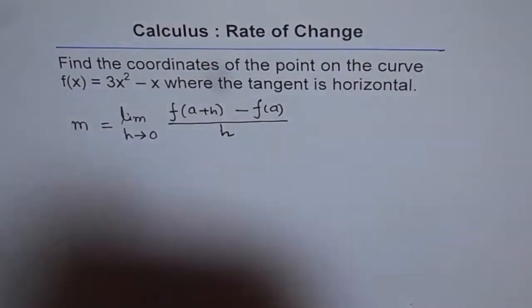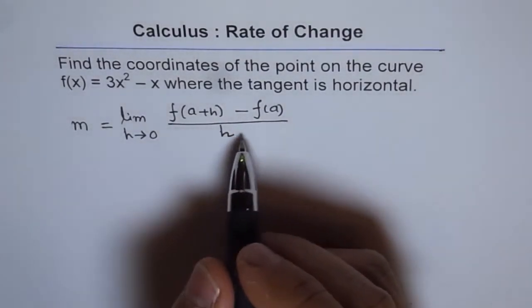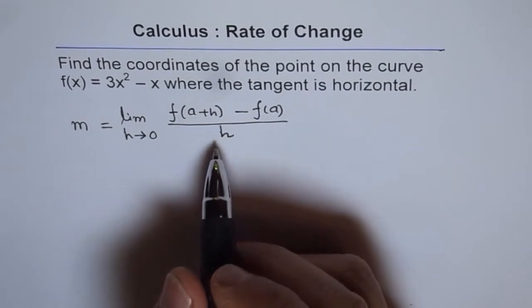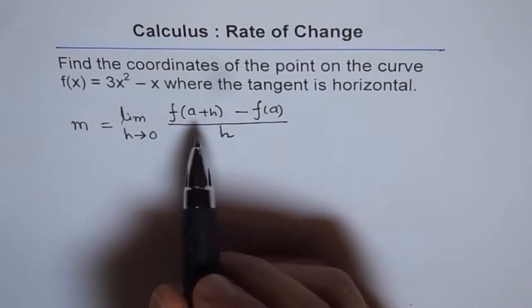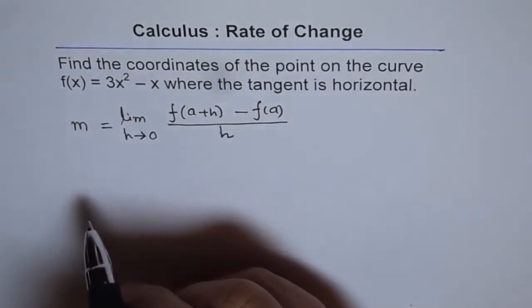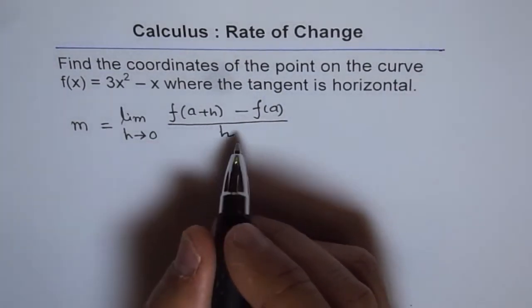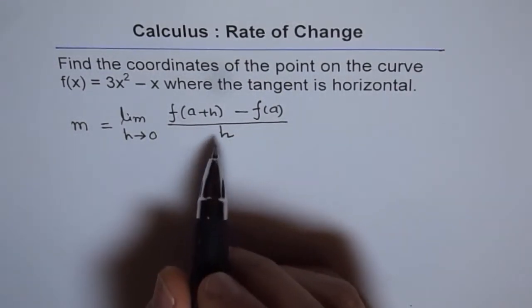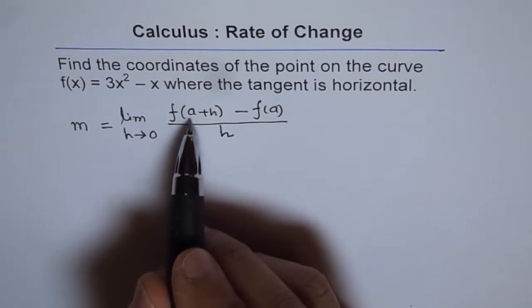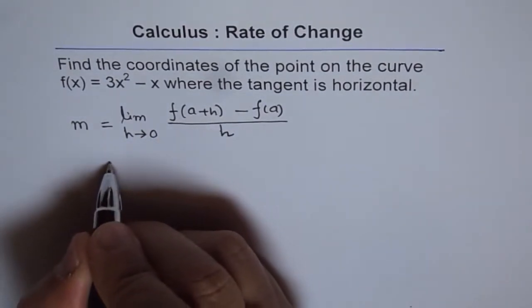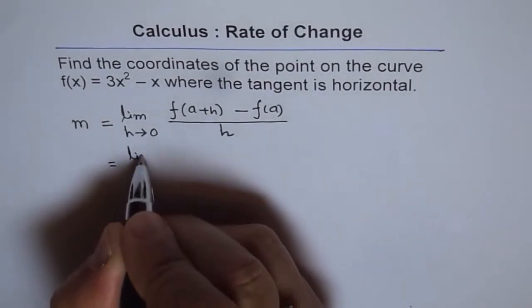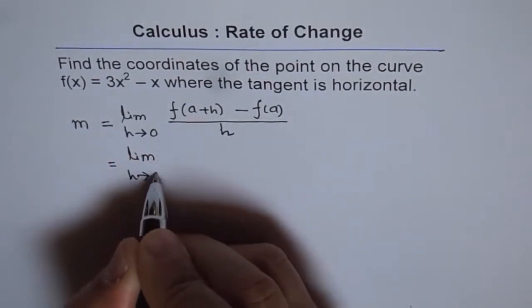So that is in general the slope of the tangent line on any point A on this curve. Let's solve this in general, and then we'll later equate it to 0 to find what is that a value. That is the approach.